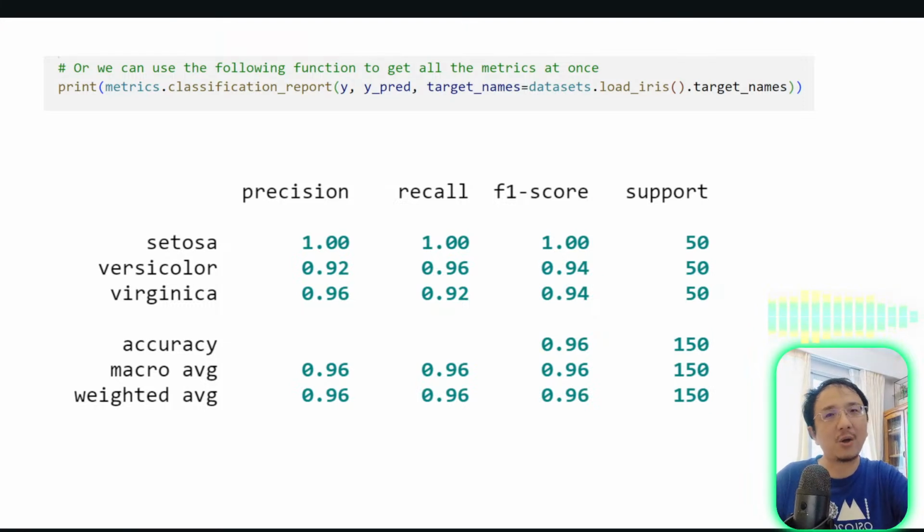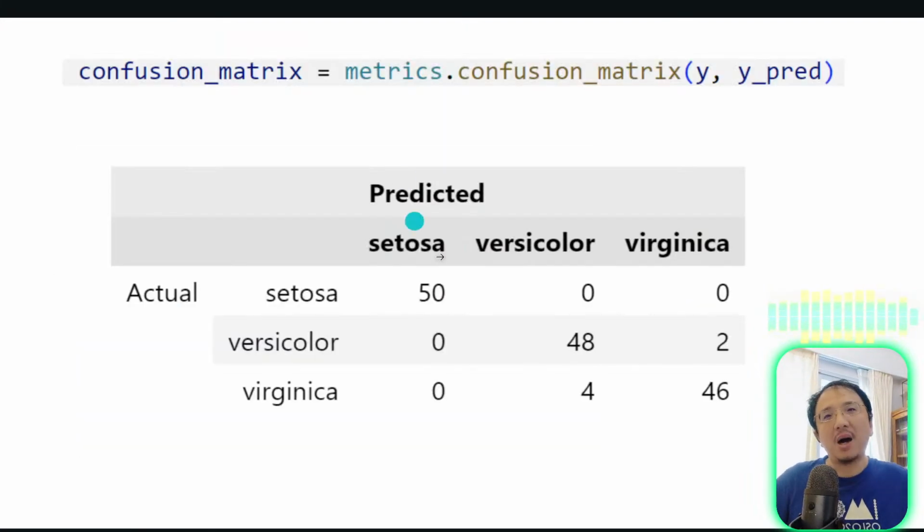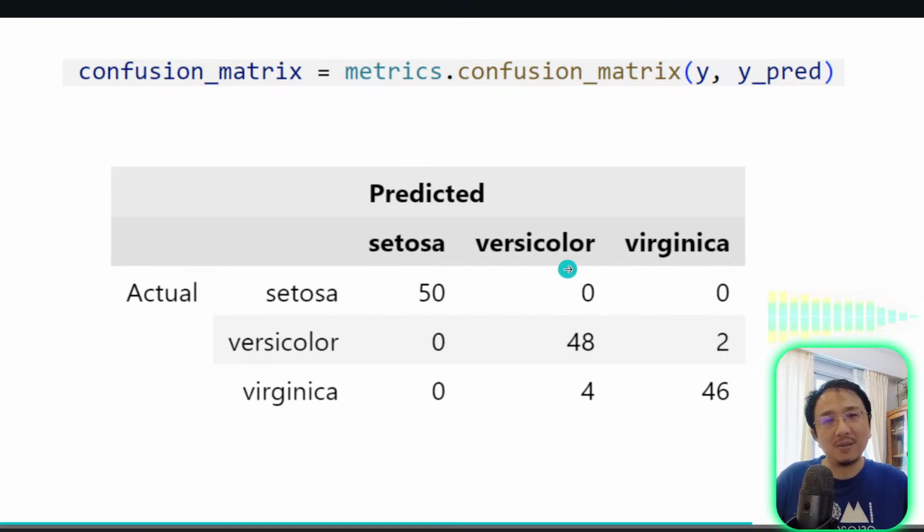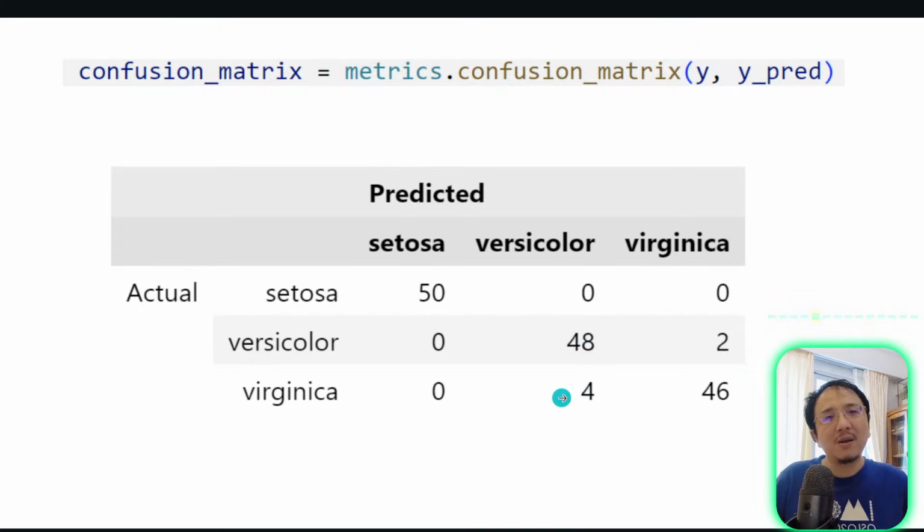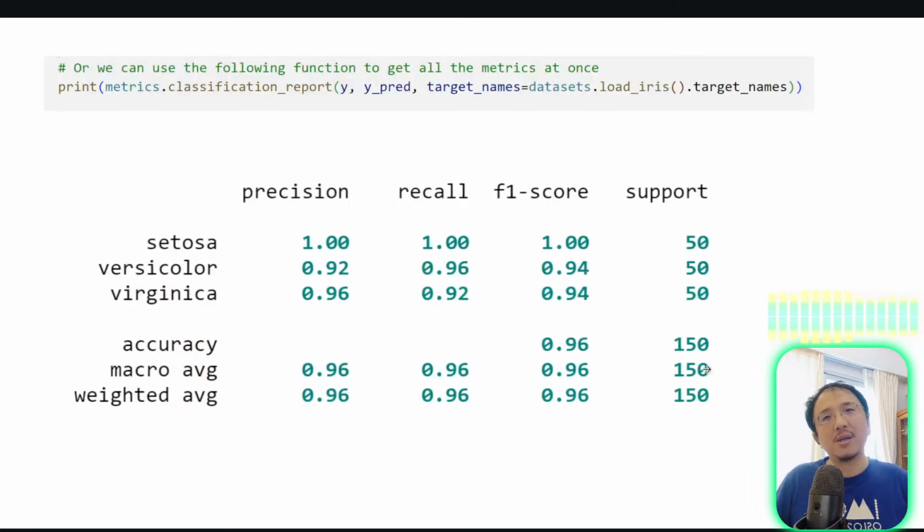For example, the precision of Setosa is 100%, the precision of Versicolor is 48 over 52, and the precision of Virginica is 46 over 48. So you can see our calculation right here. The precision is 100%, 92, and 96.